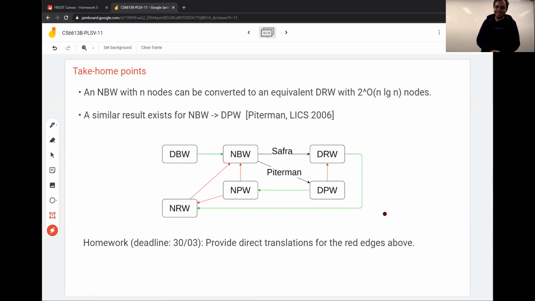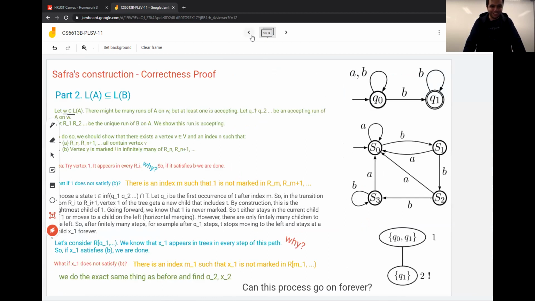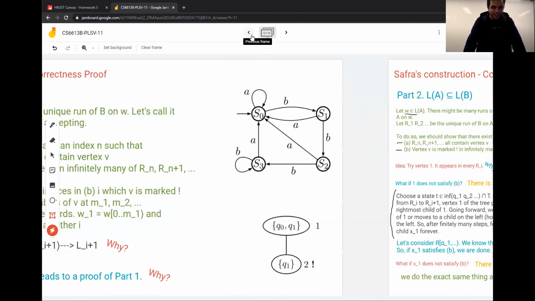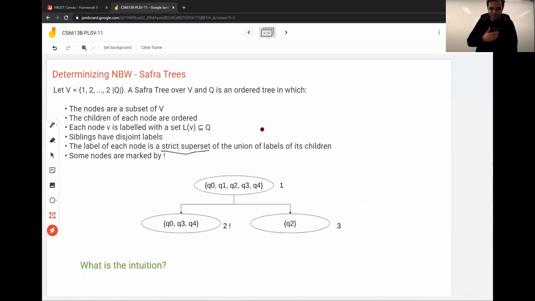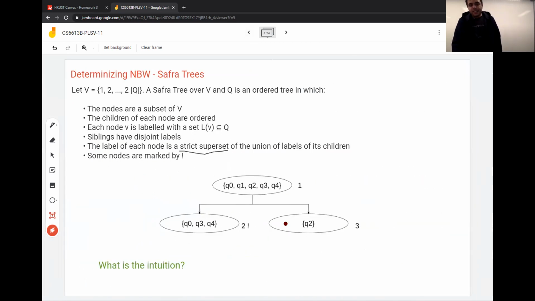Sure. What's the question? Why is the Safra tree finite? Oh, why is it finite? That's actually a really nice question. So let's go back to the definition. So you see, each node of the Safra tree is labeled by a subset of the states of the original automaton, right?